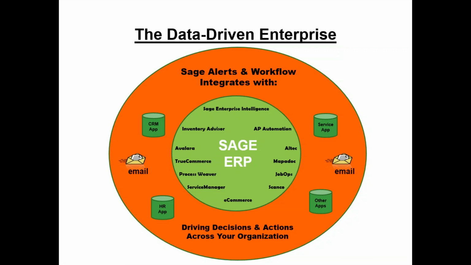It can monitor that data as well and trigger corresponding alerts and workflow. Alerts and Workflow also operates with other business applications outside of the Sage software world. So if, for example, you have a customer service application from a vendor outside of Sage, as long as that application stores its data in a relational database, Alerts and Workflow can monitor that data and respond to it.